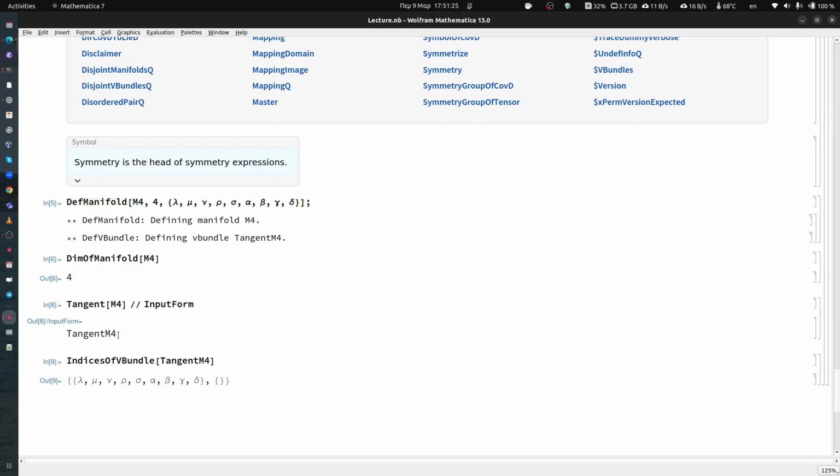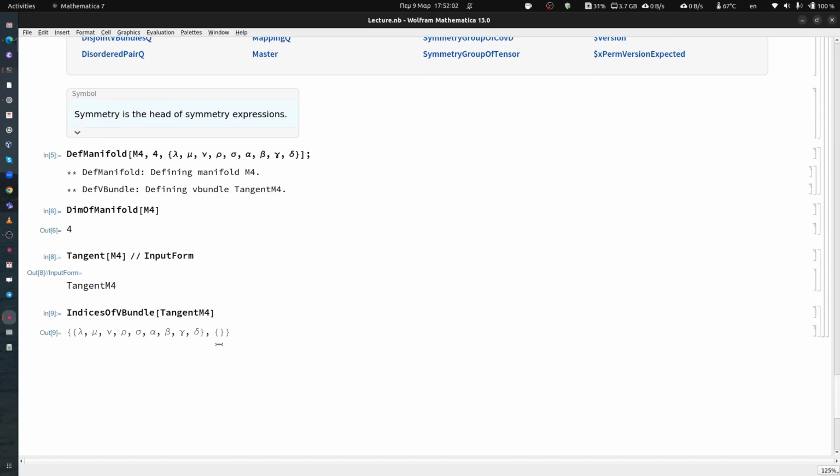So xTensor is creating a new name, a new head, as it's called in Mathematica, that starts with something that is always the same, like Tangent, and then it attaches the name of the manifold that we have chosen. And this is done for many other heads that will be representing tensors, covariant derivatives, and other things. So this is part of the philosophy of the programming of xTensor.